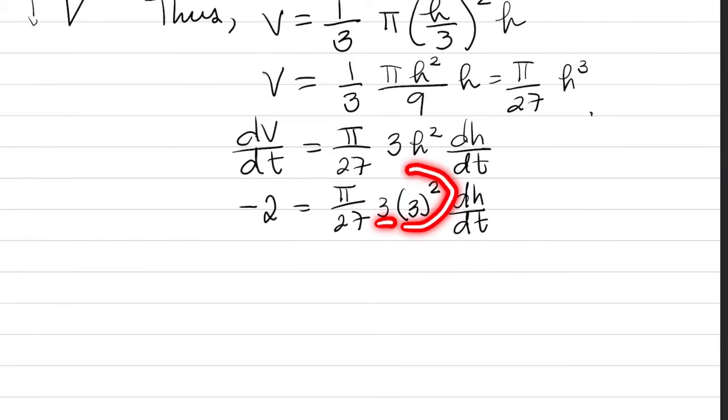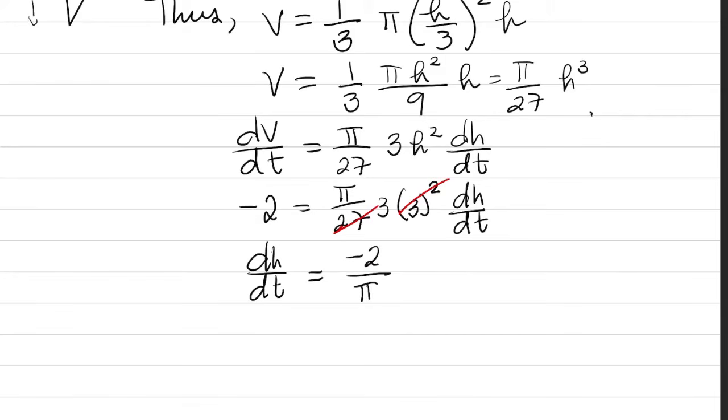3 times 3 squared is actually 27. So, this will cancel. What remains? So, dh dt is equal to, this cancels, that. So, dh dt is equal to negative 2 over pi centimeters per second.